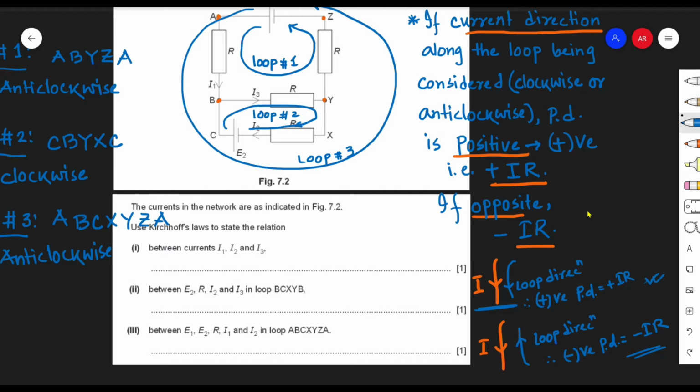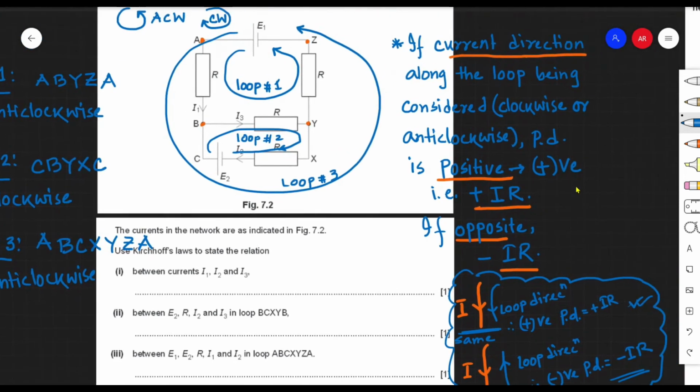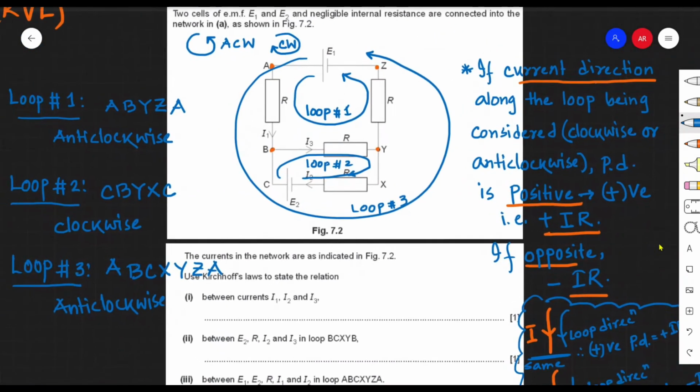Alright, I will request you to write down this rule of thumb in your copy. Do understand this very clearly, try to remember it, and now apply it in this network analysis. It is a circuit where we have 3 loops. Before I go to solving these questions, I would like to analyze this circuit.